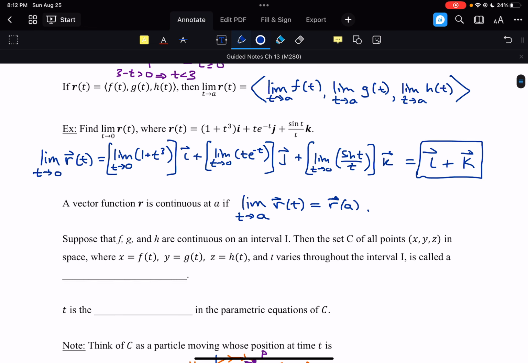Now, suppose that f, g, and h are continuous on an interval I. Then the set C of all points x, y, z in space, where x, y, and z are all functions of t, and t varies throughout the interval I, this set of points, which we're calling C, is called a space curve.